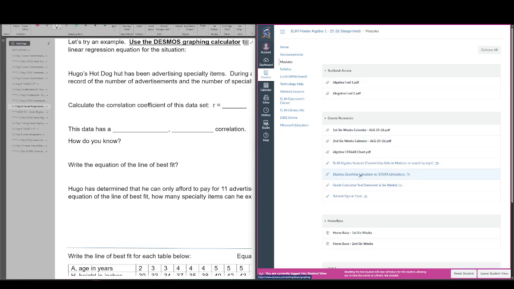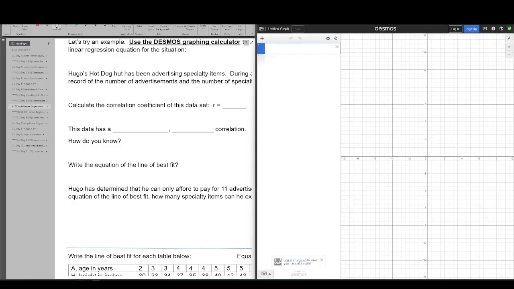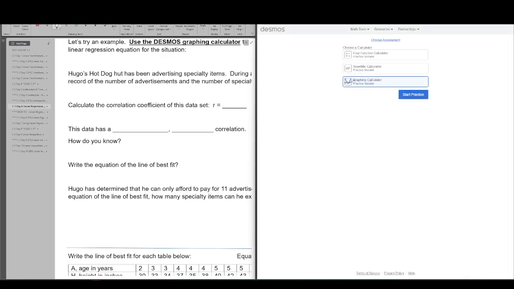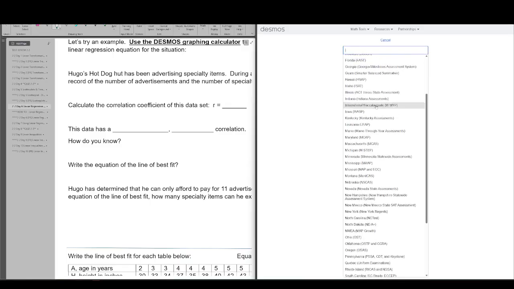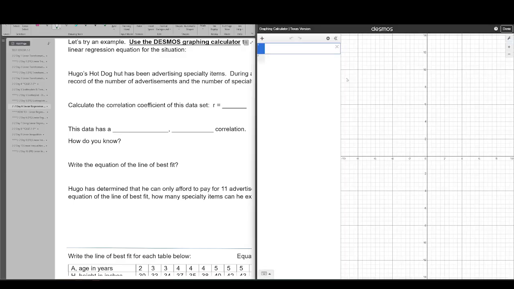So if you launch this one, you see that it says Graphing Calculator Texas version, and it has a green banner. So you need to either launch this through Canvas, or if you're on Desmos, you can go to the main Desmos Calculator site, go to Math Tools, Test Practice, and then before clicking Graphing Calculator, you have to go up here to Choose Assessment at the top. Under Choose Assessment, we scroll down to Texas, Star, and then open the Graphing Calculator.